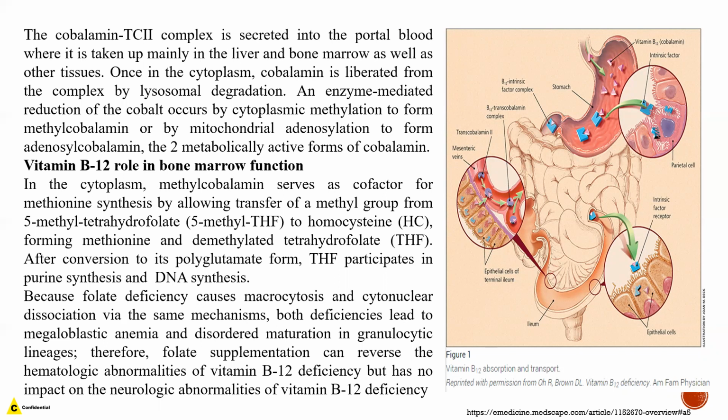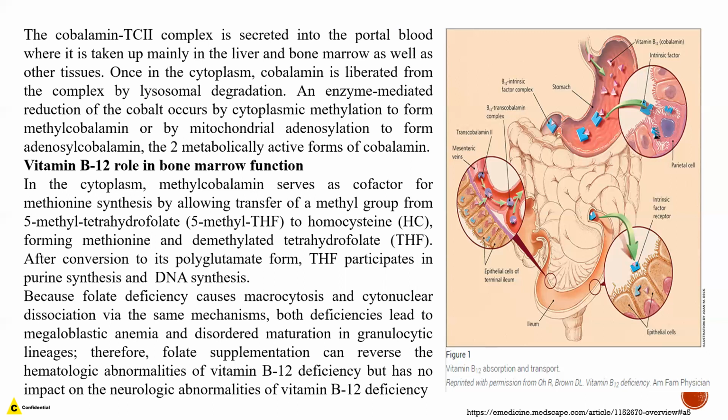In the cytoplasm, methylcobalamin serves as a cofactor for methionine synthase by transferring the methyl group from 5-methyl tetrahydrofolate to homocysteine, forming methionine and demethylated tetrahydrofolate. After conversion to its polyglutamate form, tetrahydrofolate participates in purine synthesis and DNA synthesis.